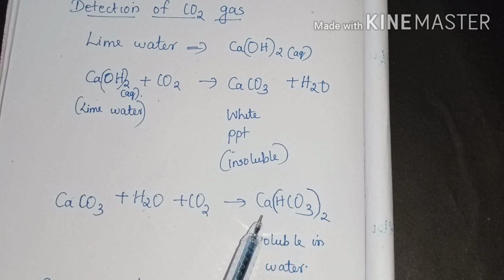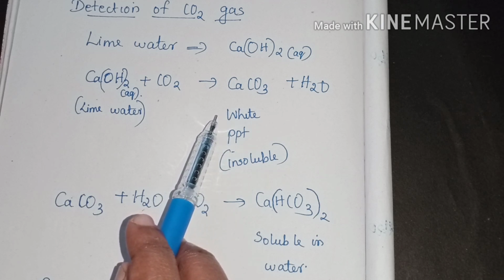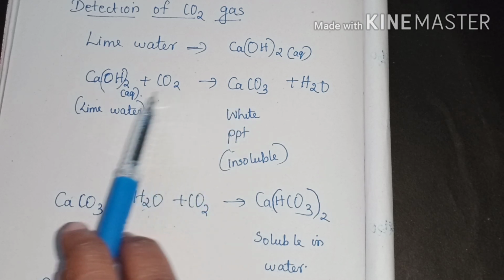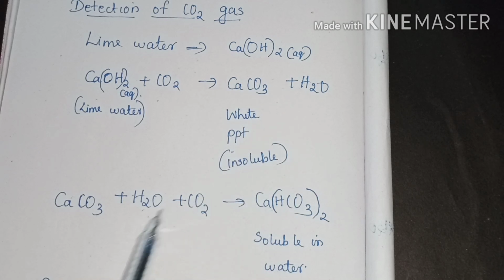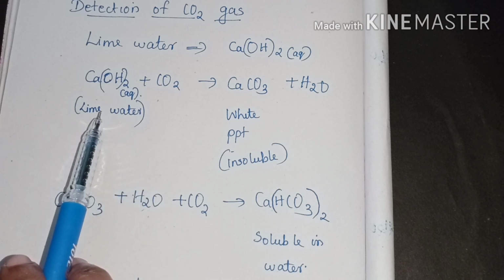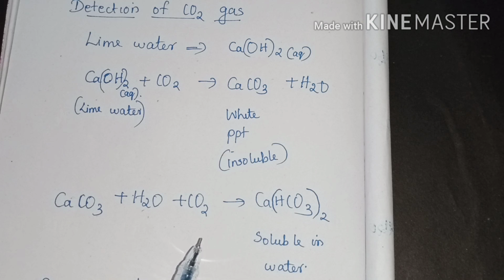This calcium bicarbonate, that is Ca(HCO3)2, is soluble in water. So the white precipitate of calcium carbonate formed in the first reaction will disappear. So if we pass excess carbon dioxide through lime water, then the milky color formed will disappear.